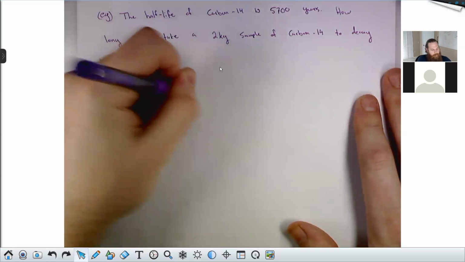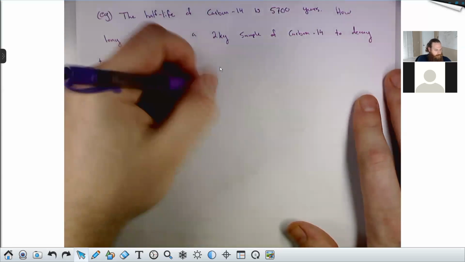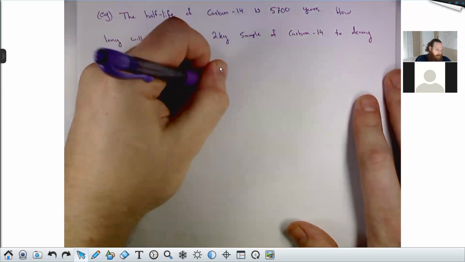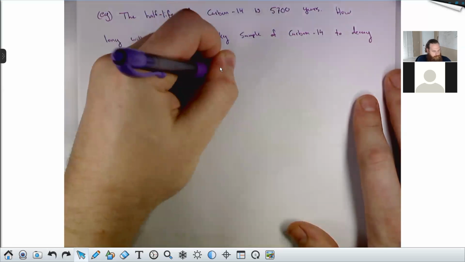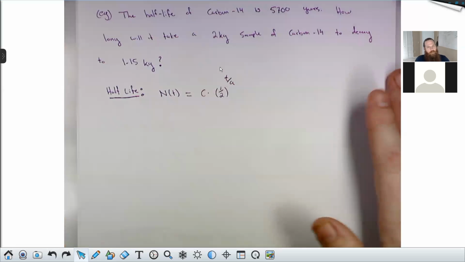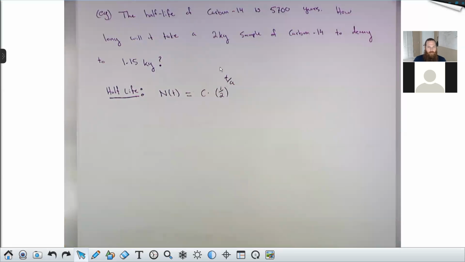Here, the amount of stuff we have t years later is c times 1/2 to the t over a. A is the amount of time it takes for half the stuff to go away, and c is the initial quantity.